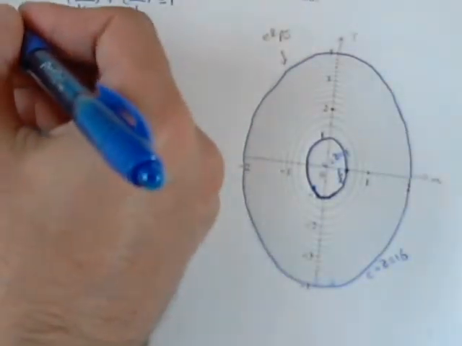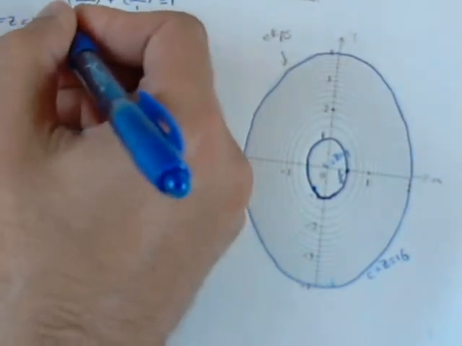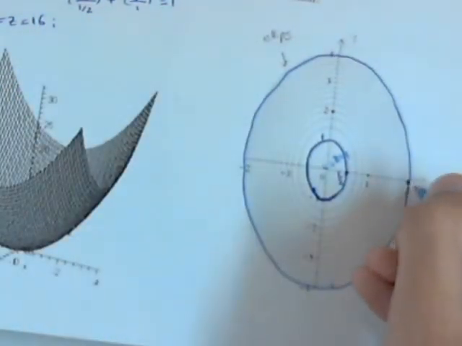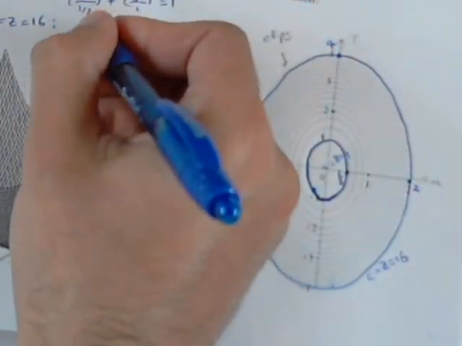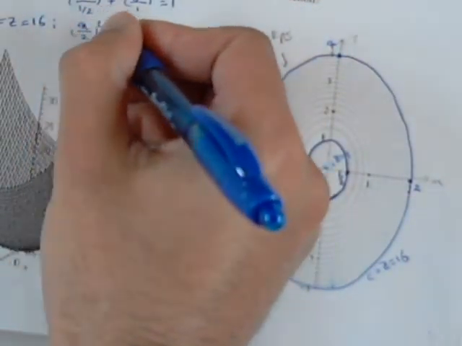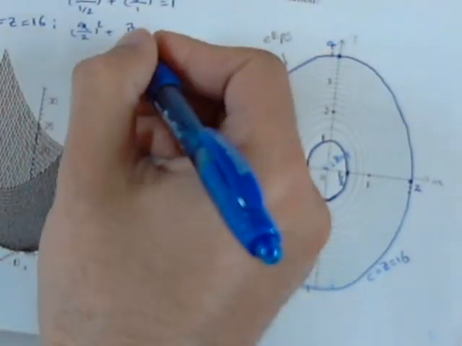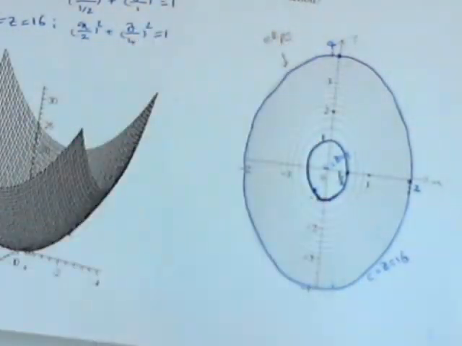And when z or c is 16, this is 2 and this is 4. So I have x divided by 2 squared plus y divided by 4 squared is 1, right? So what I did, I just wrote down the equations for those inner and outer level curves.